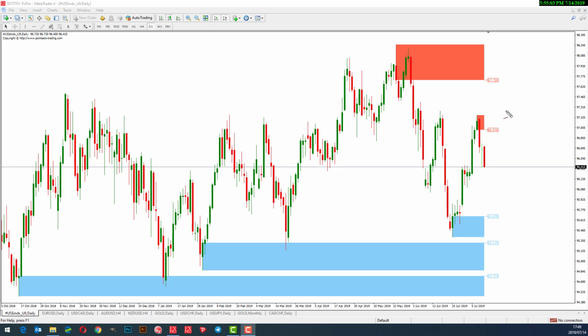It hit this supply area here, 96.90, which was created here. See, there was a pause in the market here. Supply area was created, market tumbled, then it retraced to the same supply area, market tumbled. So those impulsive moves are very important.